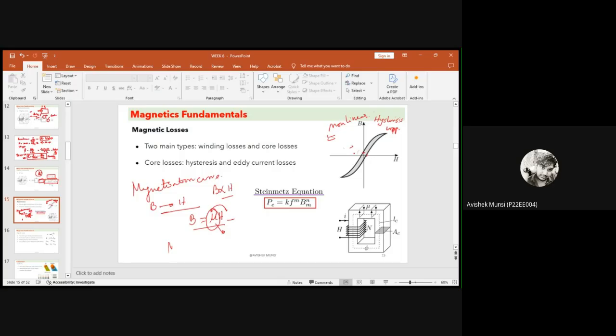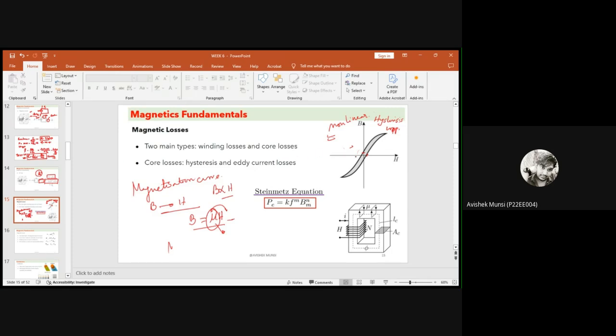I hope you know these things before. Since the coercive force is a factor, at H equal to Hc, the B is not getting 0, right? So these are the factors. Another factor is the retentivity.